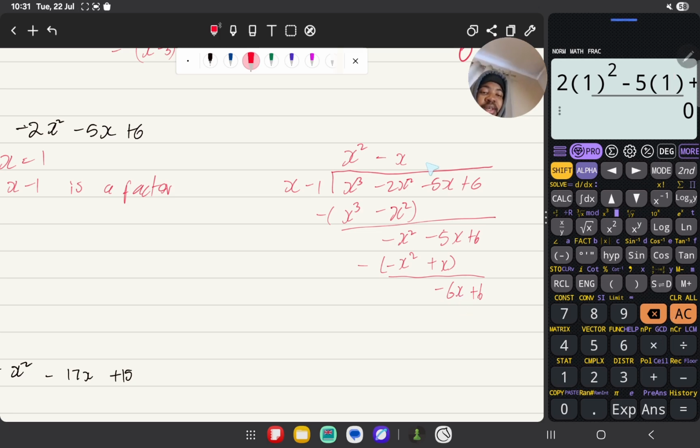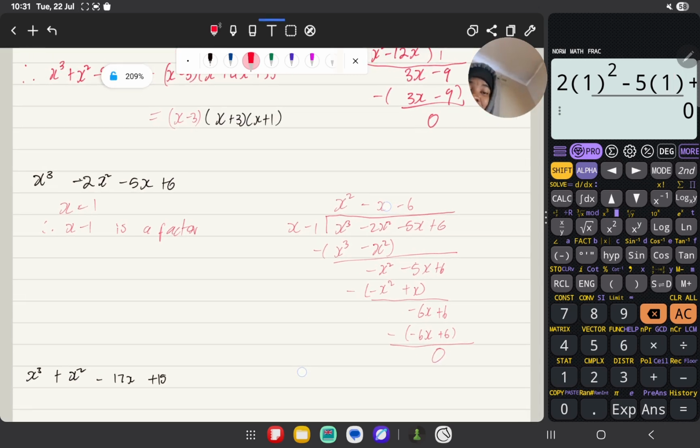Then I divide, I get minus 6. I multiply, I get minus 6x plus 6, because negative and negative. Then I subtract, and I'm going to get 0. So here it's clear, 0 is the remainder, so I do have a factor, right?